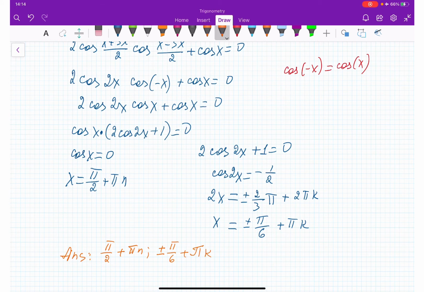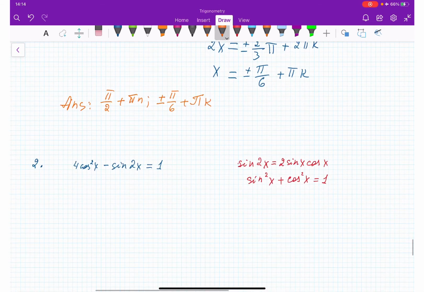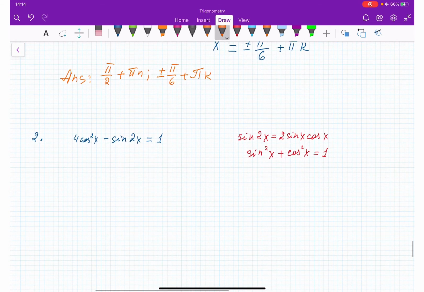Okay, moving to the second one. 4 cosine square x minus sine 2x equal 1. All right, so let me put everything on one side, and since I have here a square and I have here 2x, I'm going to bring sine square, cosine square. That's going to help me.